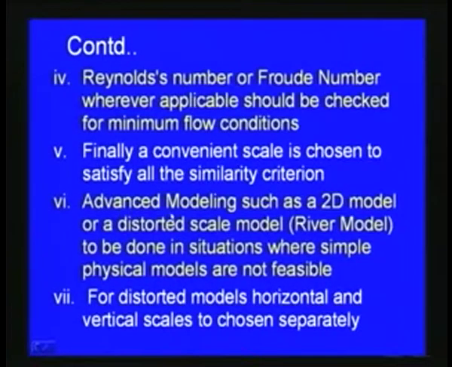The sixth step is advanced modeling, such as a 2D model or a distorted scale model like a river model, to be done in situations where simple physical models are not feasible. As I mentioned, in river or estuary problems a normal undistorted model will be difficult, so we can consider a distorted scale model. The seventh important point is that for a distorted model, the horizontal and vertical scales are to be chosen separately and appropriately.